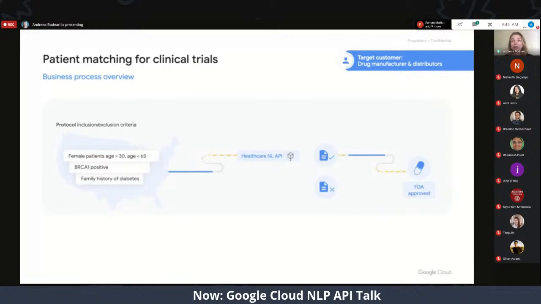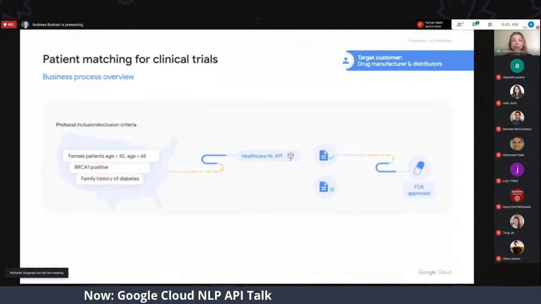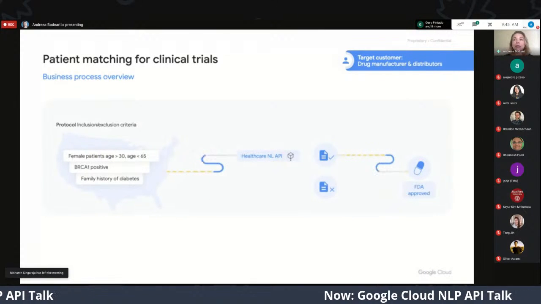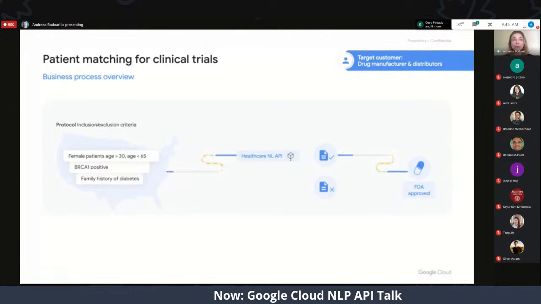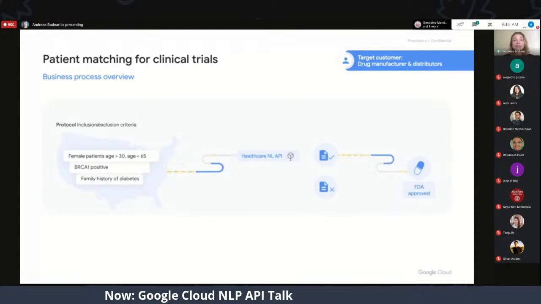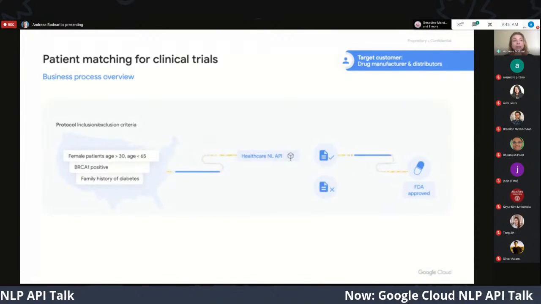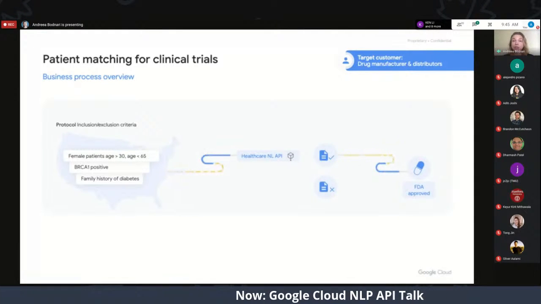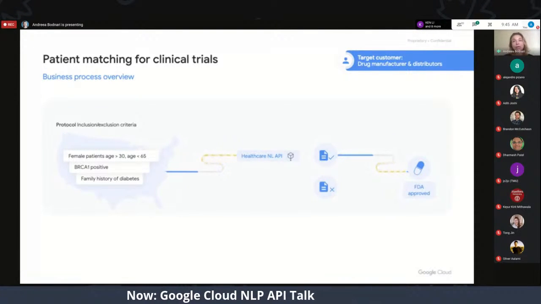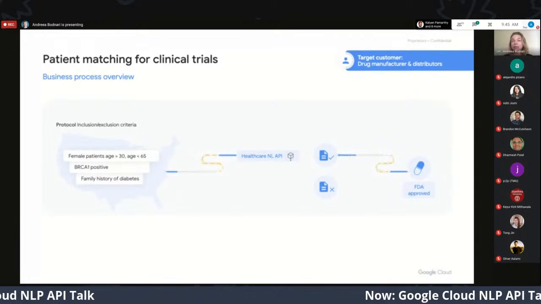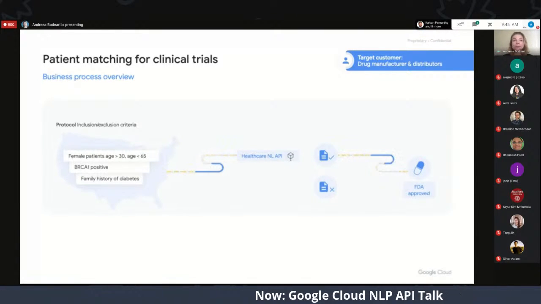When we're talking about drug manufacturers and distributors, their main challenge is identifying new drugs, new medical devices that can help treat diseases, and specifically diseases that are rare. And because these diseases are rare, it's very challenging to identify the patient population that is a good match to test their new solutions.